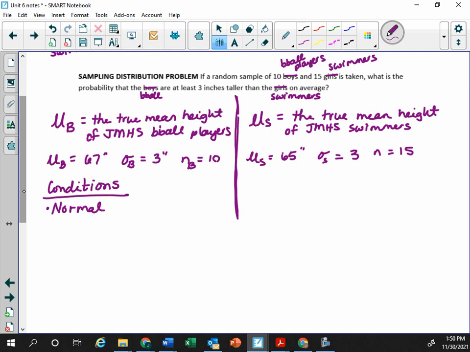No, something else was said. Yes, they just stated it, which is lovely, because we couldn't really make a normal probability plot out of this. We don't have any data to actually do that, so thankfully it was stated. We are told population is normally distributed.